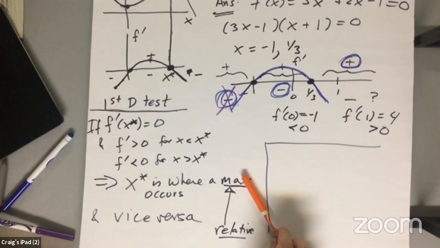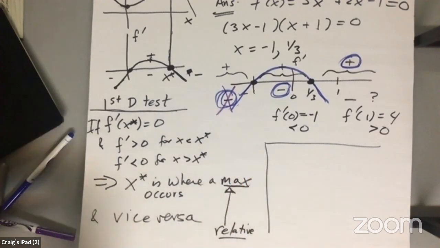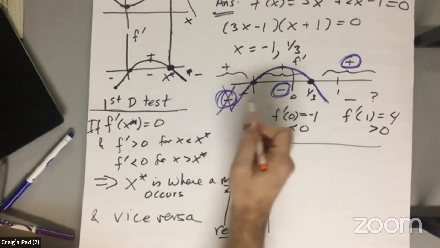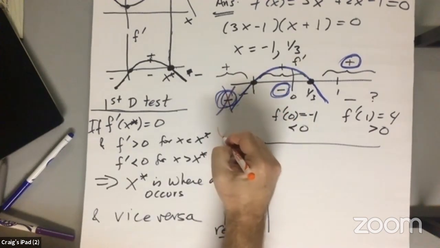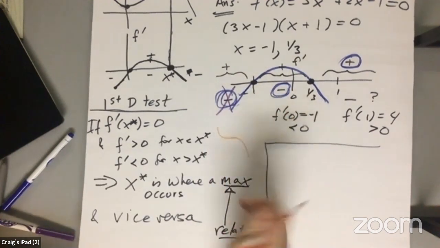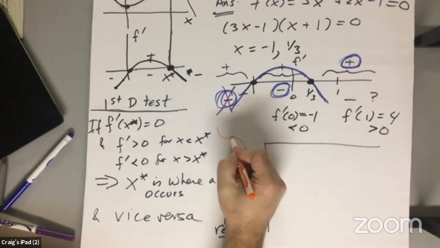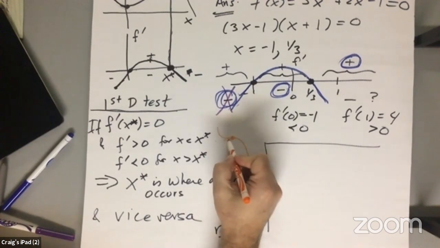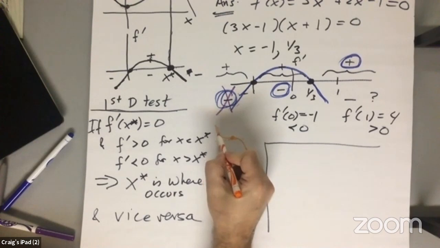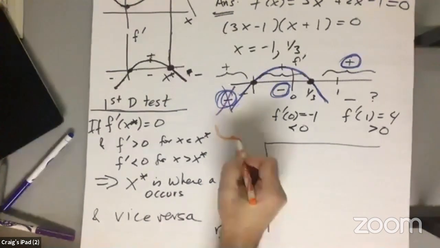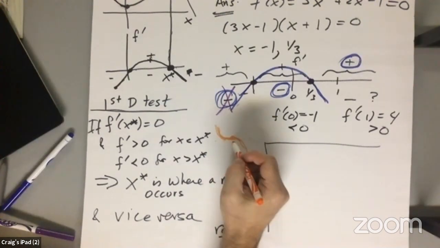Nope, it wouldn't be a min or a maximum. It's just neither. So what I've drawn here, if it was negative to negative, it would look like that and then down. And that's a flat spot where the tangent line is flat, but it's not the smallest spot because it goes lower, and it's not the biggest spot because it goes higher.